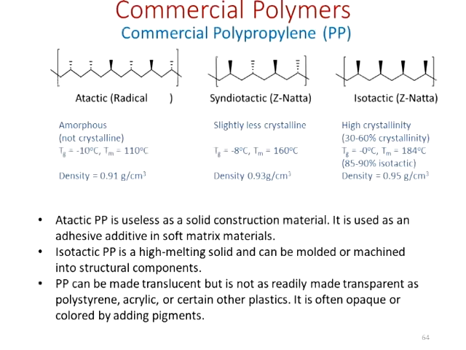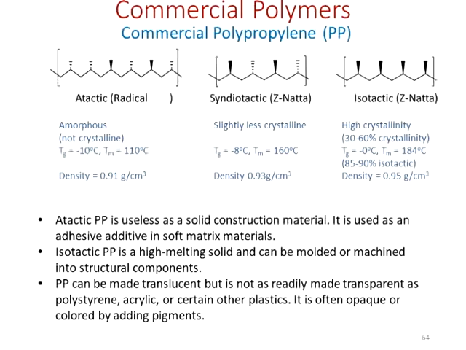Polypropylene can also be made translucent, but is not as readily made transparent as polystyrene, acrylic, or other plastics. So for the most part, when you want something pretty with shine and see-through, it's not polypropylene you're going to use. You're going to go to an acrylic or polystyrene, which is used in CD cases, or a lot of the high-end stores will use polystyrene and acrylics for that wow look when you go into the high-end stores.